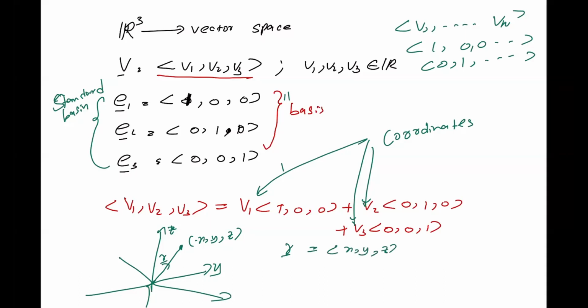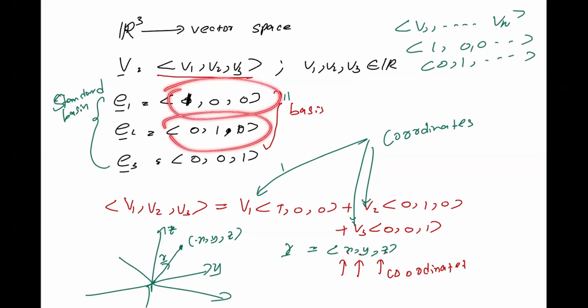In simple mathematics, you know that. So this x, y, z we call coordinates in coordinate geometry. It is actually nothing but the coordinates relating to these standard basis vectors. So it is the standard basis. Also, in R3 the dimension is 3. You need a minimum of 3 vectors to represent your vector.